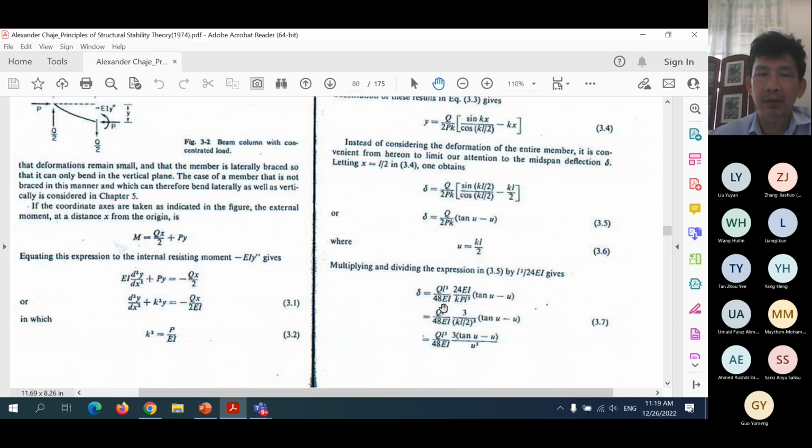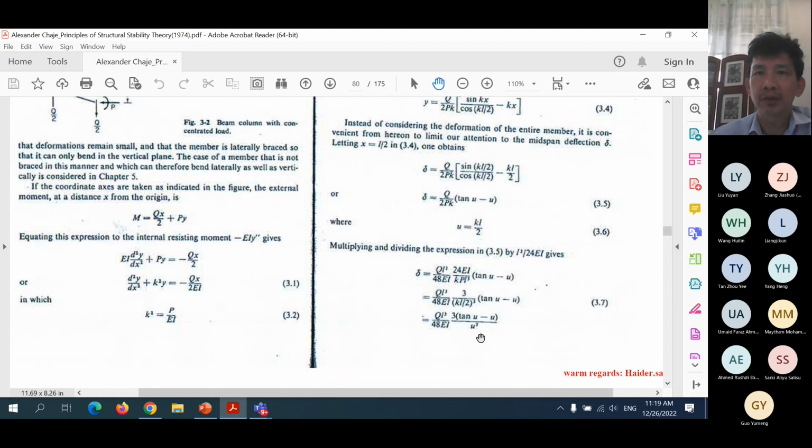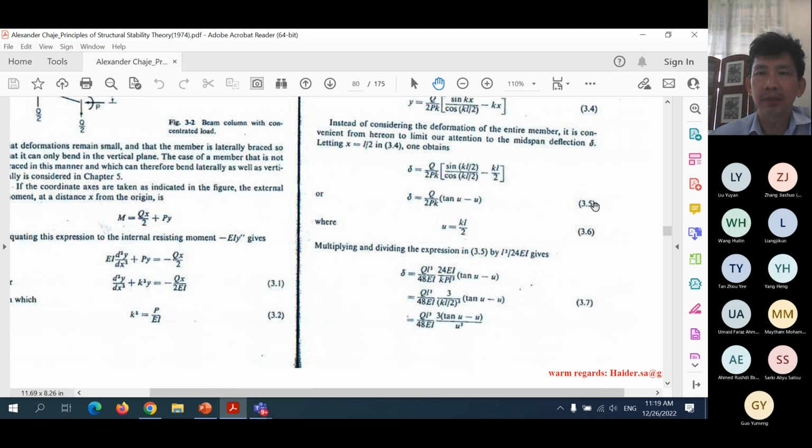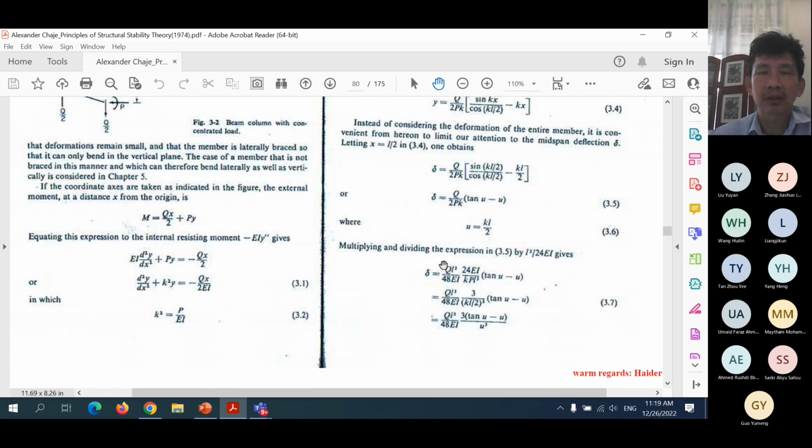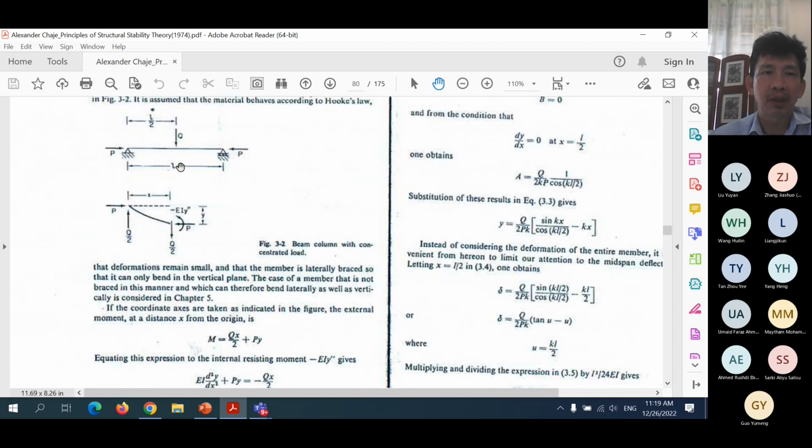Then we come to equation 3.7. Equation 3.7 is essentially the same as 3.5. The only thing is that we make this term appear, QL cubed over 48EI. This is actually the deflection of this beam column without P.